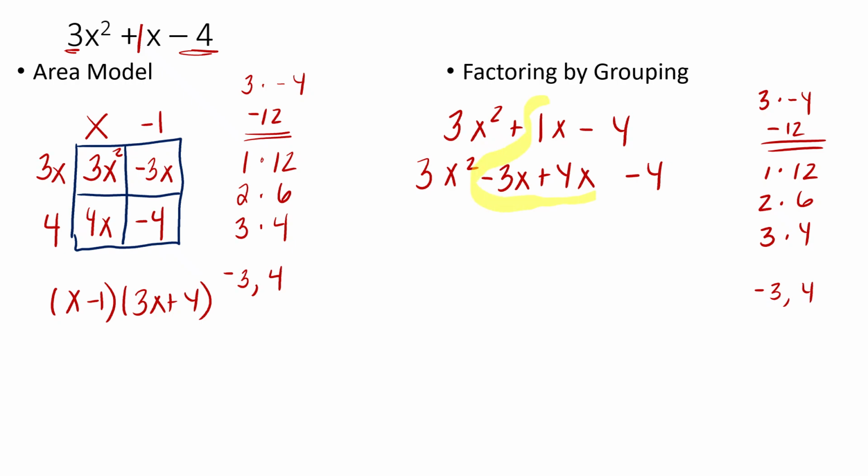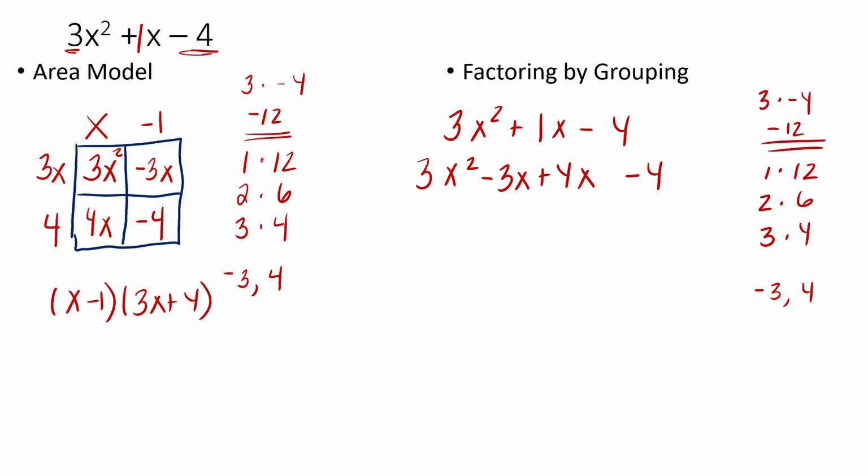We did a substitution where we replaced 1x with an equivalent for 1x, that is negative 3x plus 4x. And it really is what we did over here. So like I said, these two are essentially the same method, where we needed two things that would add up to 1x so that the area of this rectangle would match the area of the whole thing.